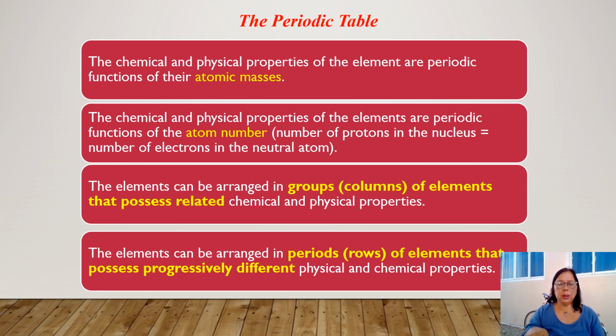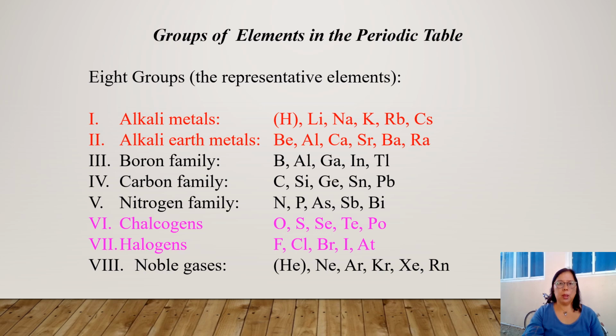So the ones in standing position are called the columns, and the ones in horizontal position or lying position are the rows or the periods. So the groups are in columns, the periods are in rows.